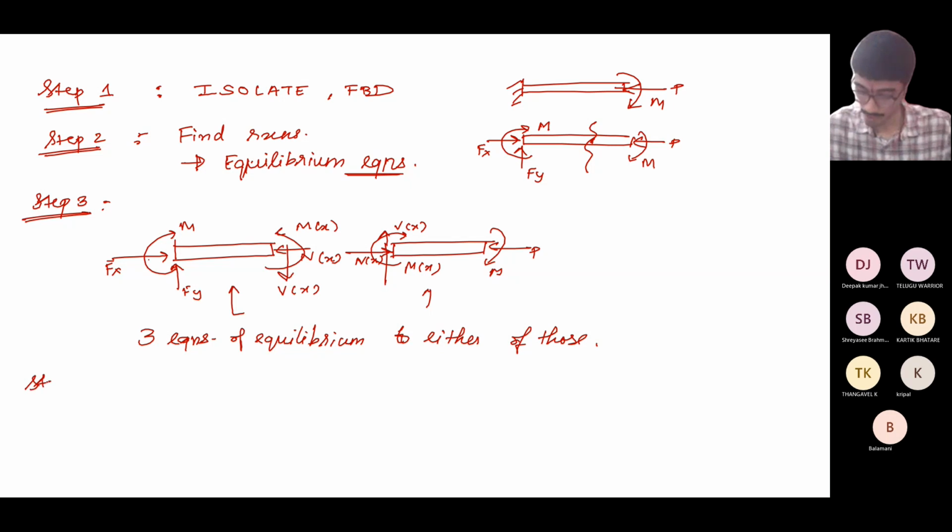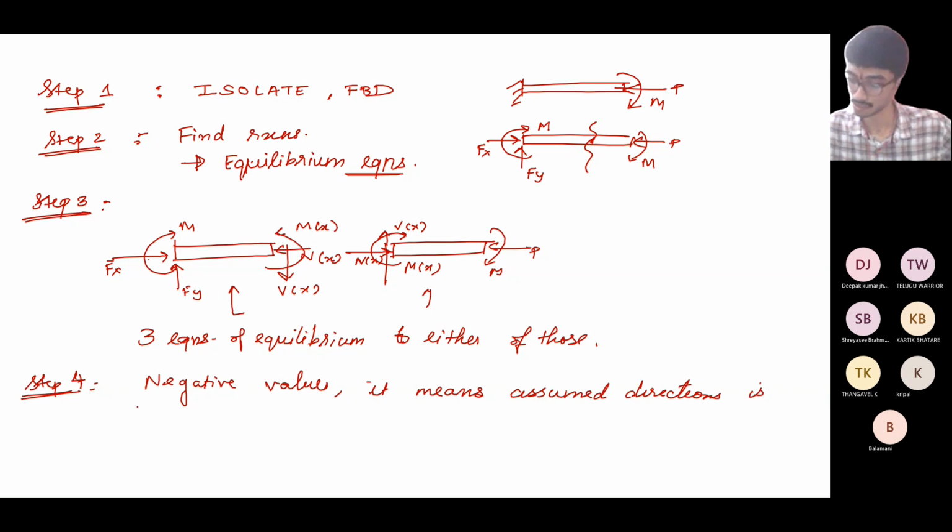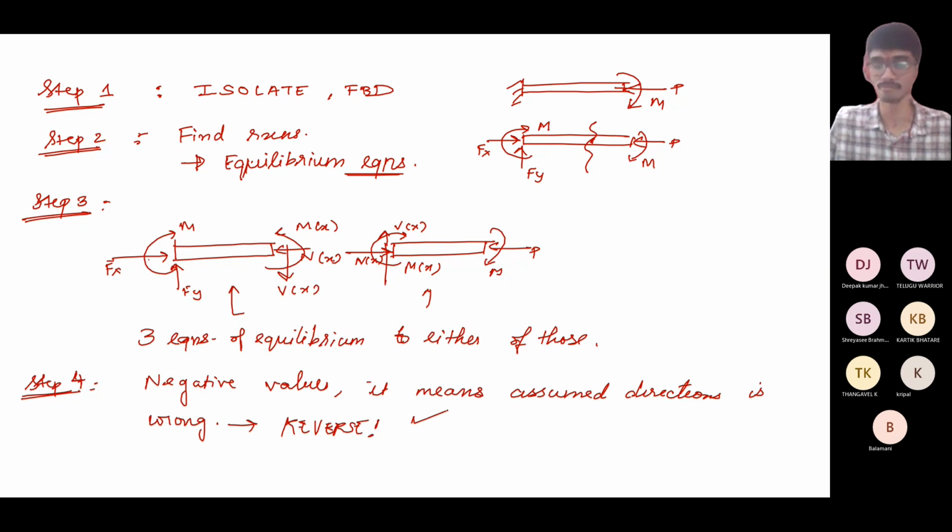Finally, if you have a consistent sign convention and you get negative values, it means the assumed direction is opposite, so just reverse the convention. That's all. So this solves the problem for internal forces perfectly.